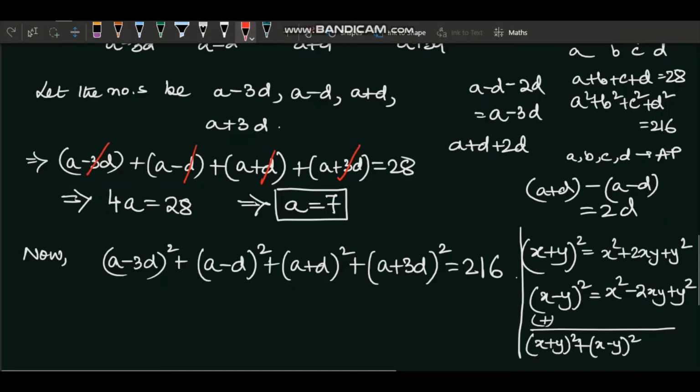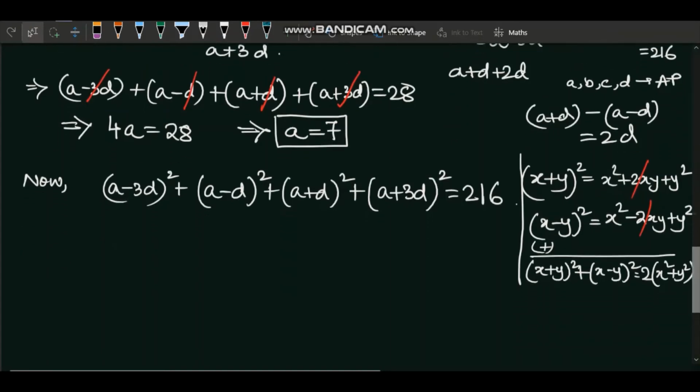The 2xy part, that is the middle term, gets cancelled, and we are just left with 2 times (x square plus y square). So instead of expanding what is given to us, we can directly apply the identity.